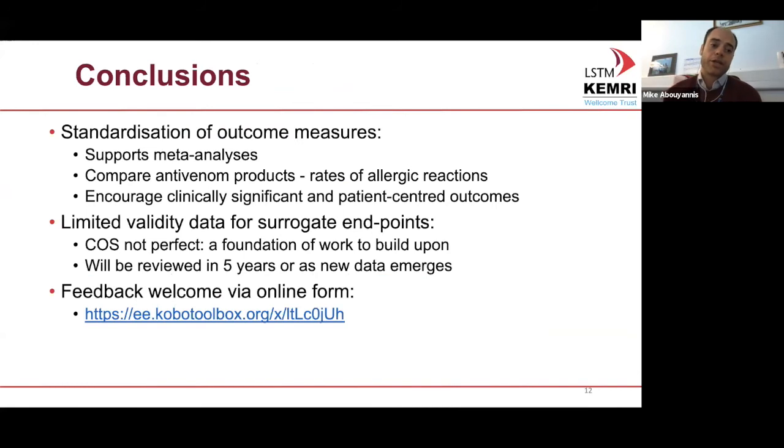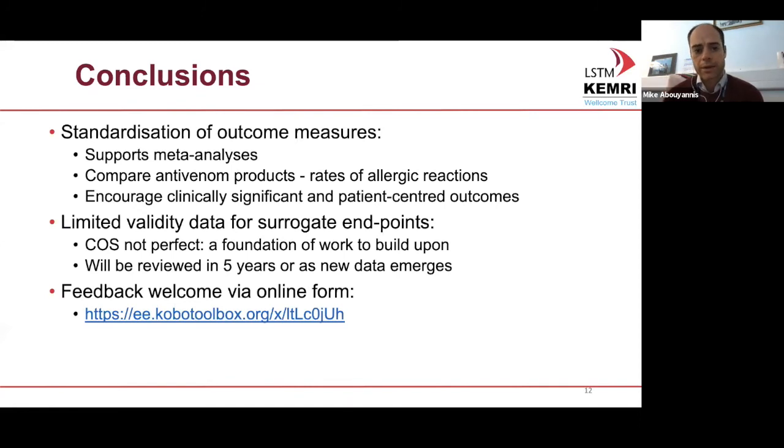So yeah, to conclude, the standardization of outcome measures is important because it supports future meta-analyses where like-for-like outcomes can be combined, and small studies can be combined to identify pooled effects.